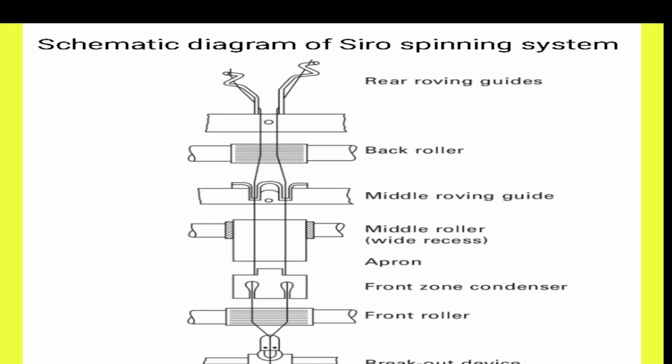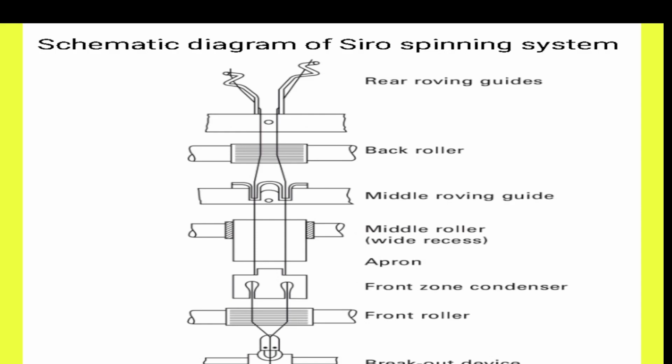As I told you earlier, two rovings are used in place of one, so there should be two roving creels.